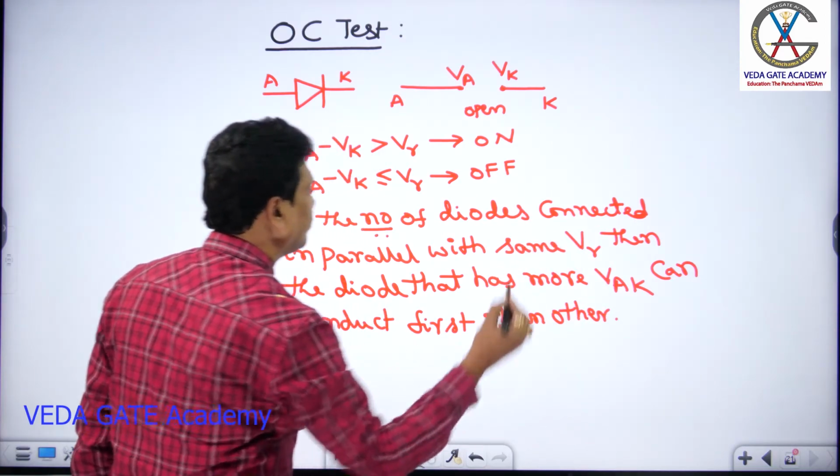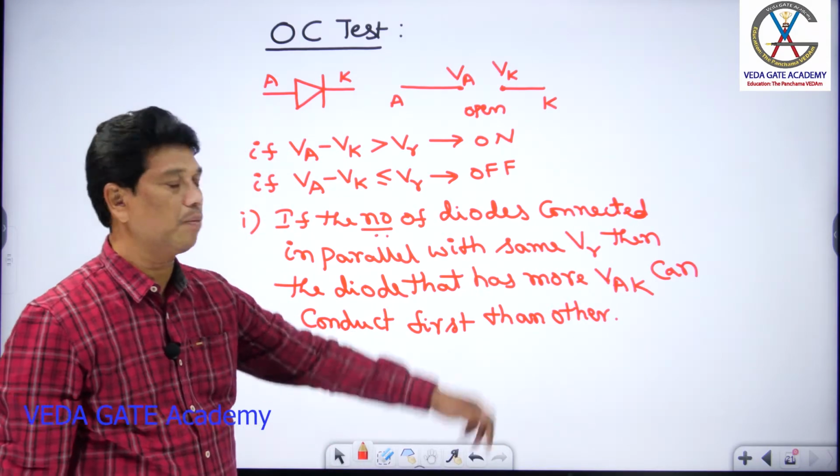This is one of the cases. The diode which has more VAK conducts first.